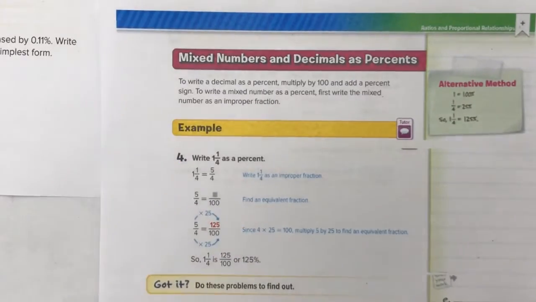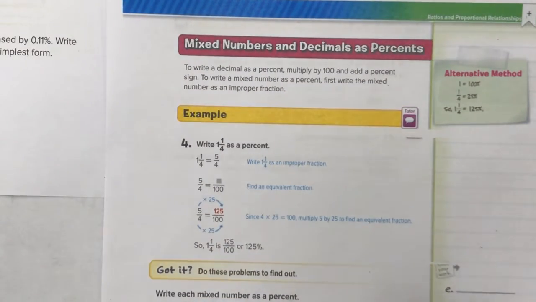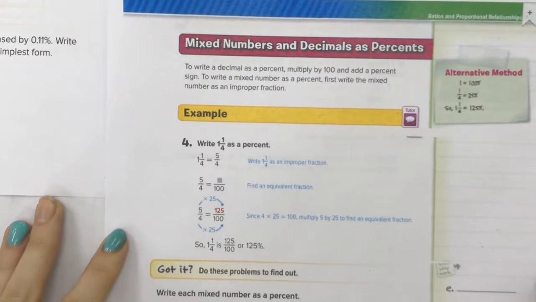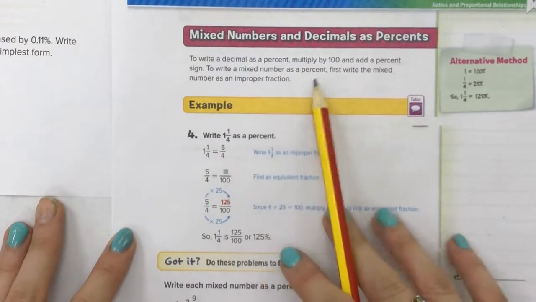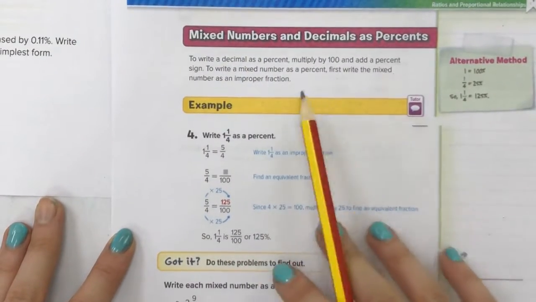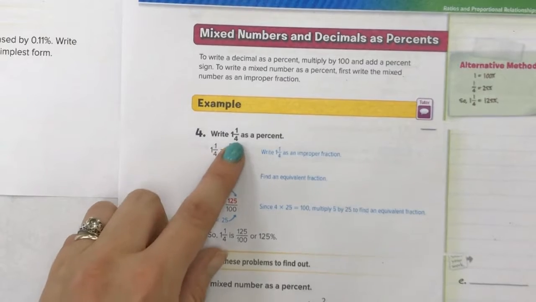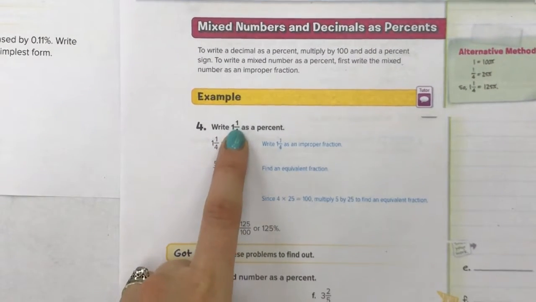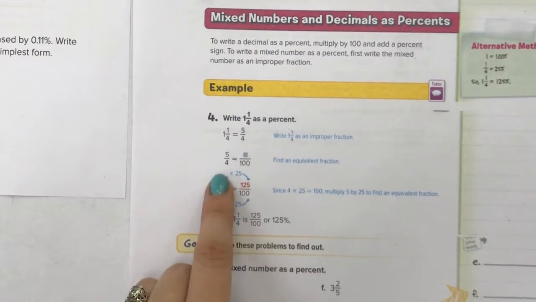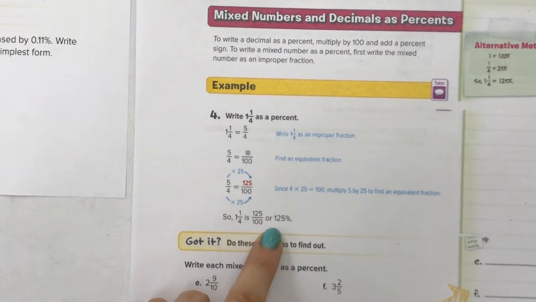Mixed numbers and decimals as percent. To write a decimal as a percent, multiply by 100 and add a percent sign. To write a mixed number as a percent, first write the mixed number as an improper fraction. So we know it's a one whole, which I would know is 100%, right?